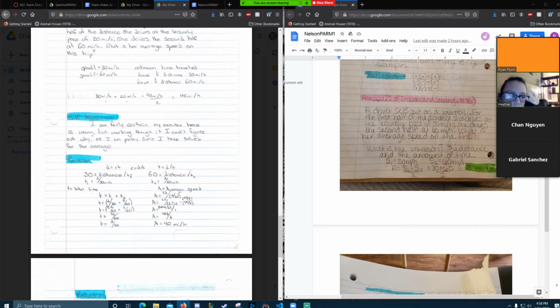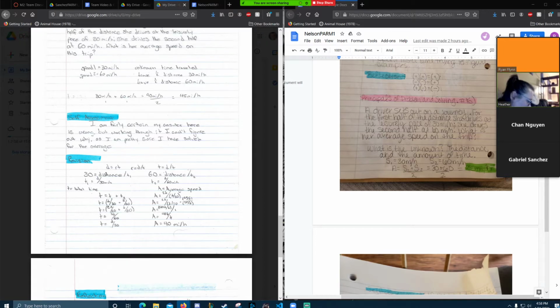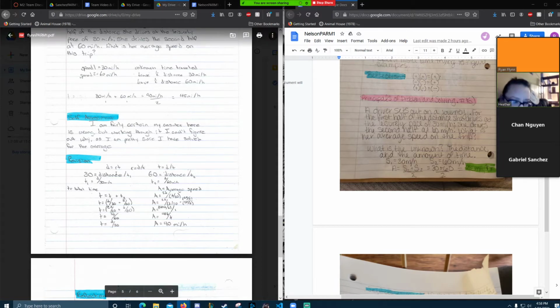Time T1 being the time for 30, because they said they spent half going at 30 miles per hour and half going at 60 miles per hour. So 2 different times. We don't know the exact value. You could say it's 1 hour for each of them, but we don't know that. So you do T1 and T2.